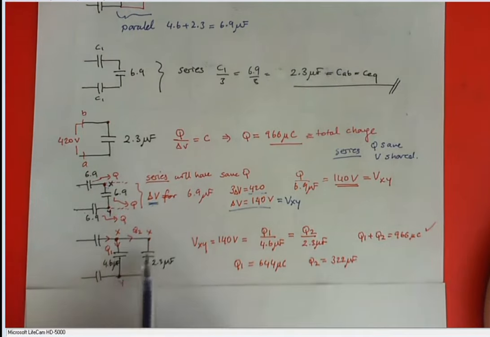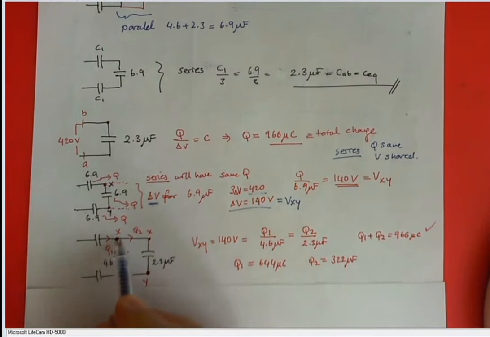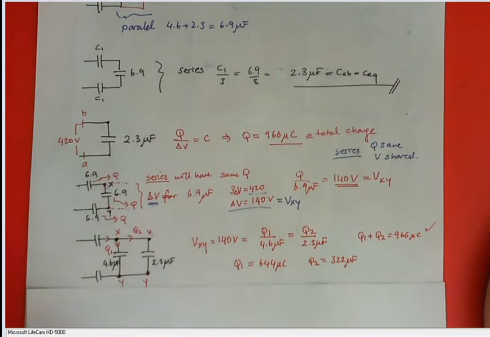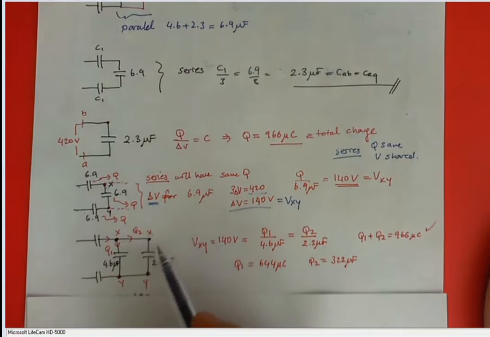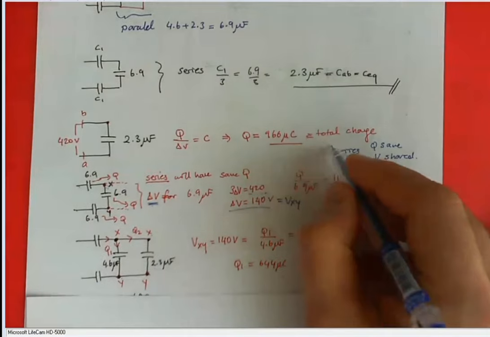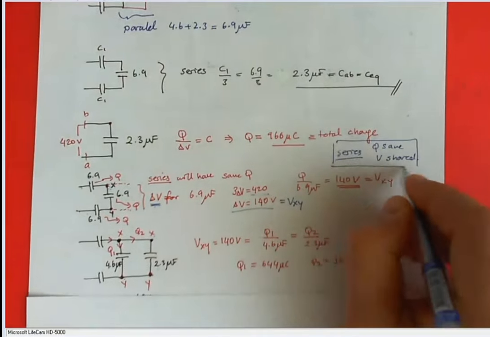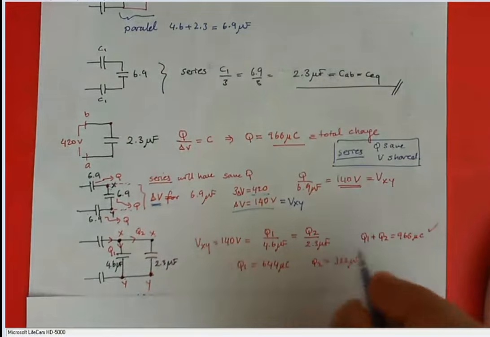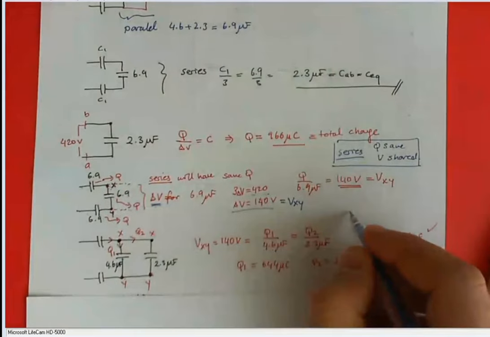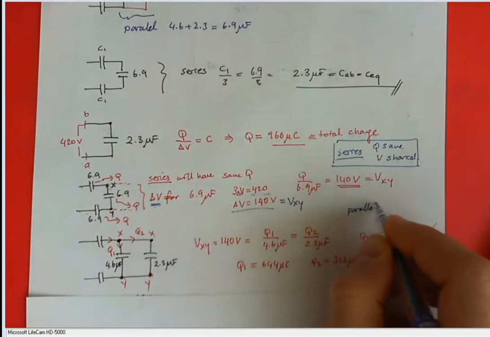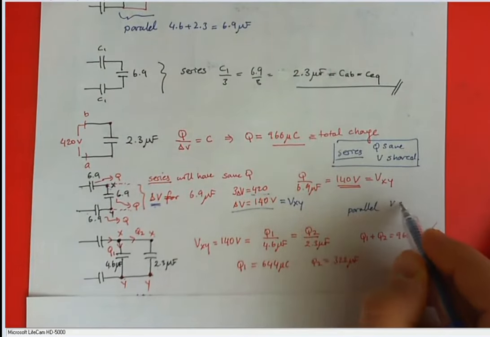Since these are parallel, point X is the same point here, and Y is the same as the points here, so the potentials are the same. In series, we said Q is the same and V is shared, while in parallel, the potential is the same and Q is shared.